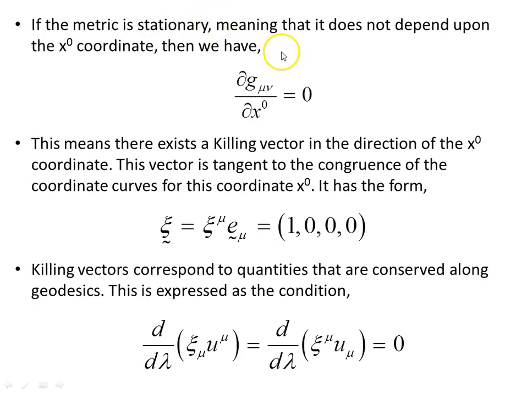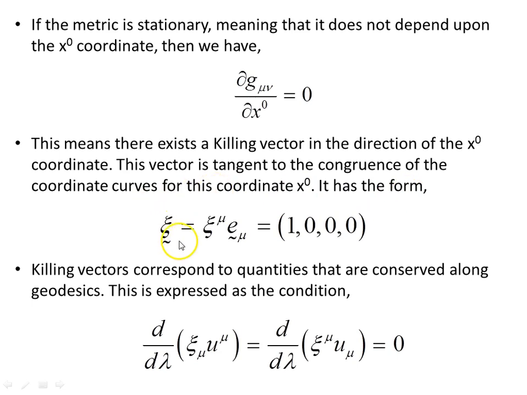Now, if the metric is stationary, meaning that it does not depend upon the x0 coordinate, then the partial derivative of the metric with respect to the x0 coordinate, the time coordinate, is 0. And this means there exists a Killing vector in the direction of the x0 coordinate. Now this vector is tangent to the congruence of the coordinate curves for this coordinate x0.